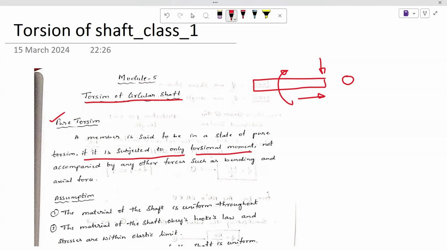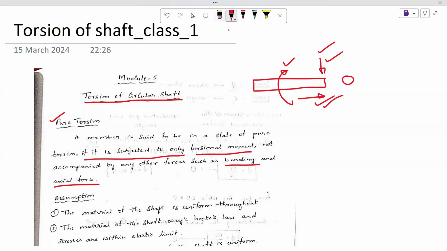If it is subjected to only torsional moment, not accompanied by any other forces such as bending and axial force. Because of this force, we are going to have a bending moment, and because of this force, we will have an extension of the shaft, that means elongation of the shaft.